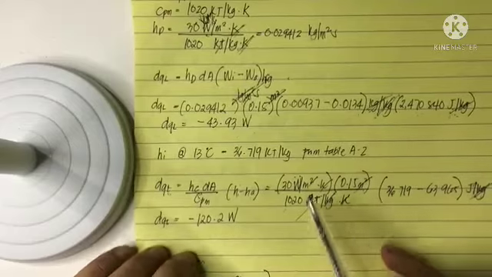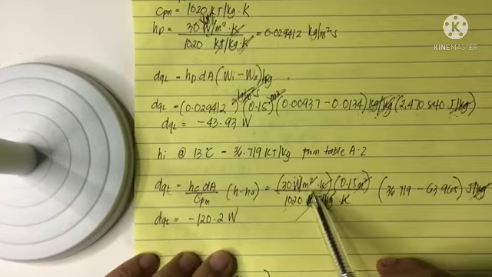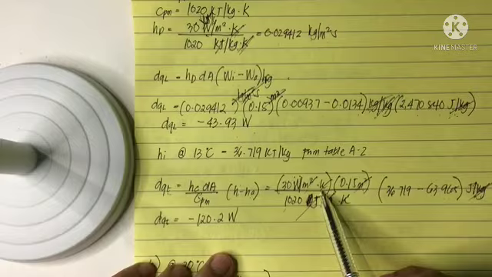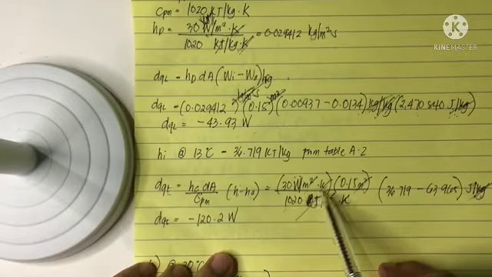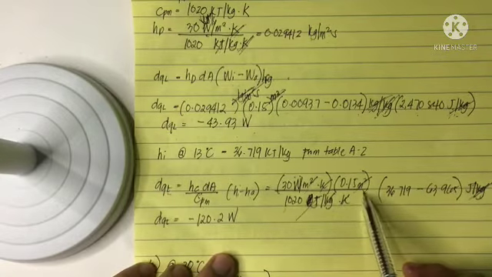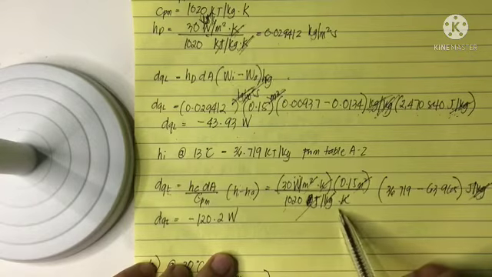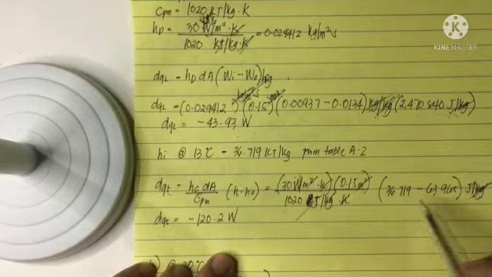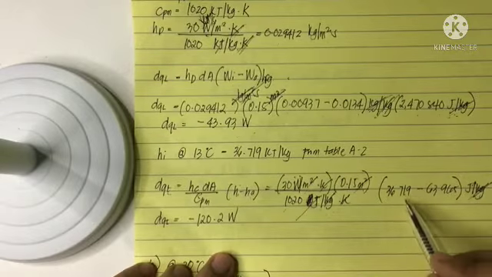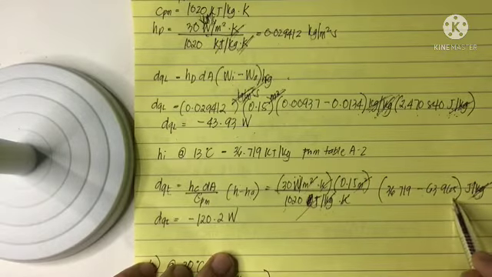So we have here 30 watts per meter squared Kelvin times 0.15 meter squared divided by your 1020 joule per kilogram Kelvin times 36,719 minus 63,965.